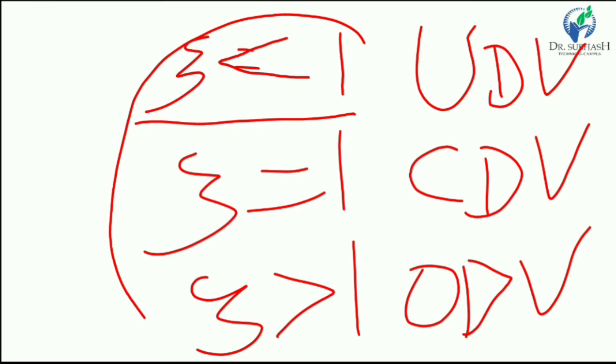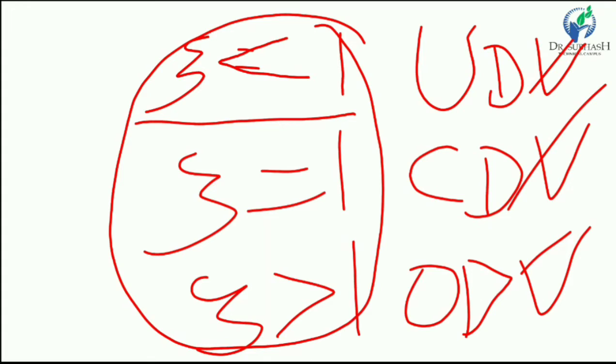According to the value of zeta, damped vibration is defined in these three types: over damped, under damped, and critical damped. Now let's start solving the example.